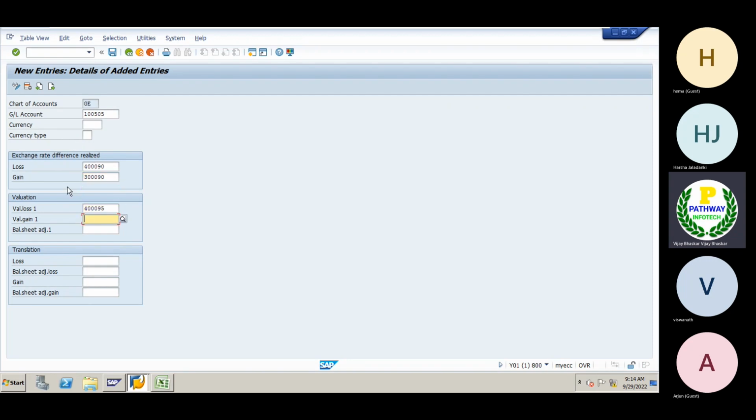For unrealized, this is the balance sheet adjustment account. Enter, then save it. Remember, this account is the reconciliation account that we have assigned in the vendor master data. Based on this GL account, the system is going to calculate the foreign currency revaluation. Remember, then click on the next entry.